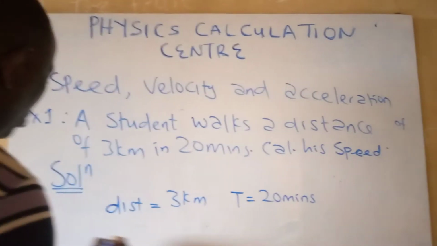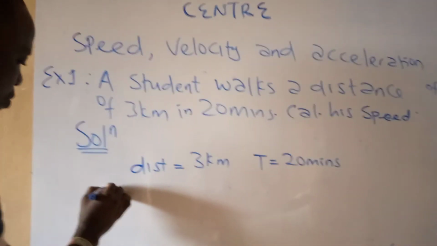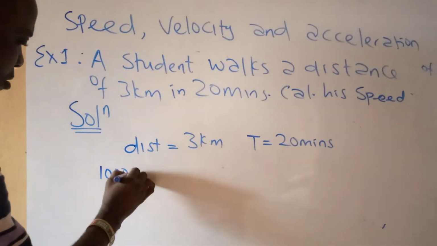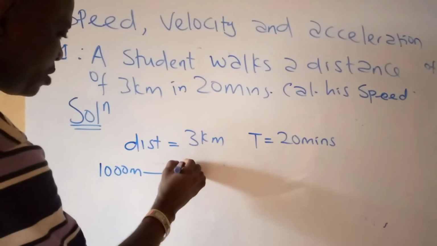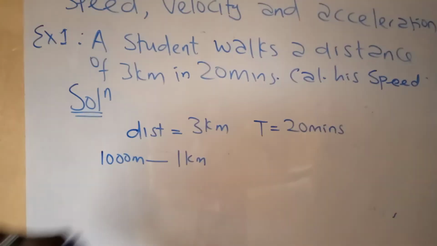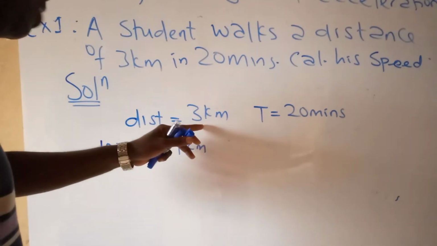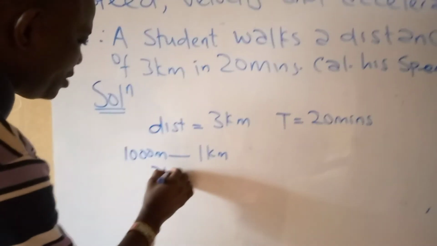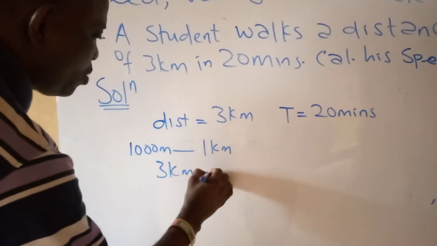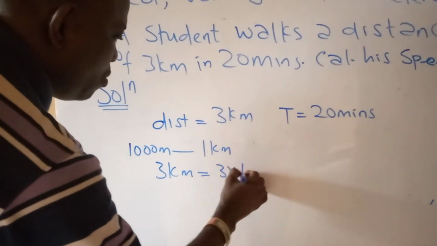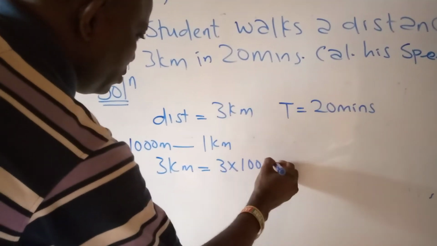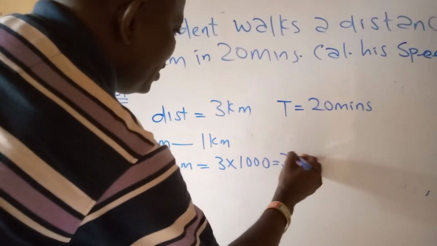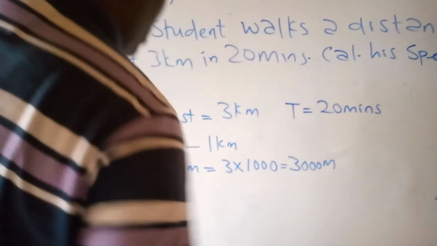The first thing that comes to your mind is that 1,000 meters make 1 kilometer. So to change 3 kilometers to meters, 3 kilometers will now be equal to 3 times 1,000, which will give you 3,000 meters.